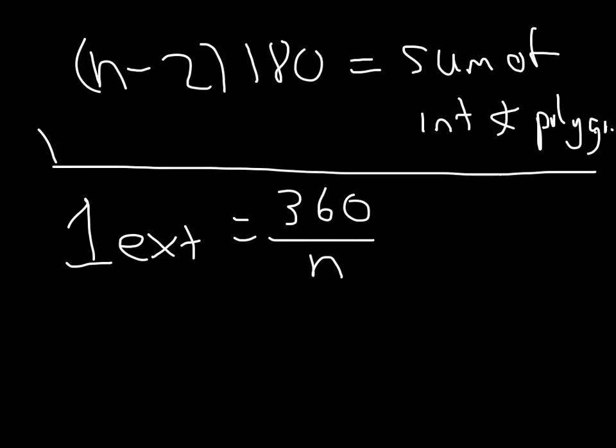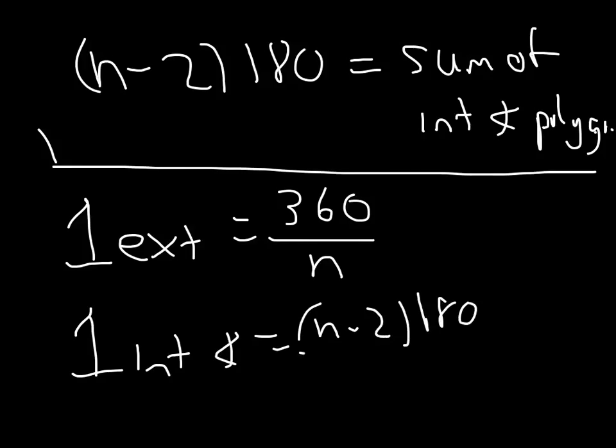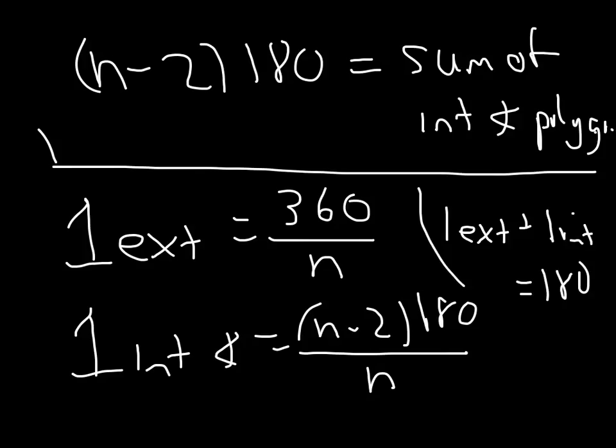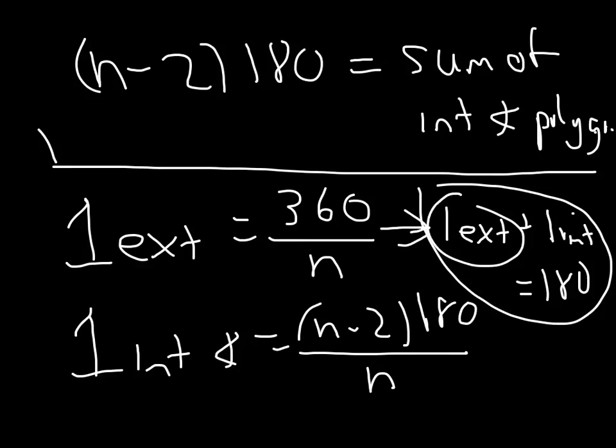If you want to find one interior angle, my preferred way is actually not to use the formula n minus 2 times 180 over n. It's to say one exterior plus one interior equals 180. I would find the measure of the exterior angle using this formula, and I would just subtract it from 180 to find the interior angle.